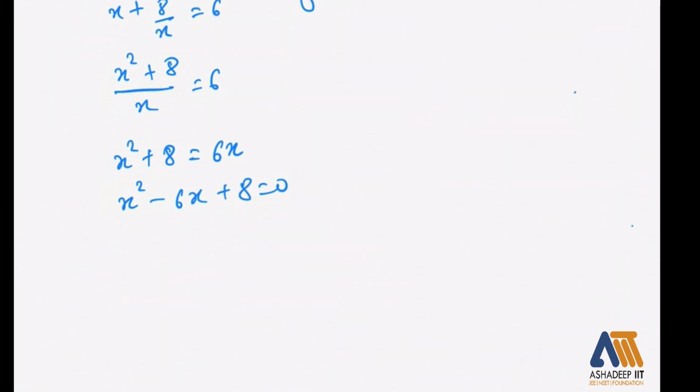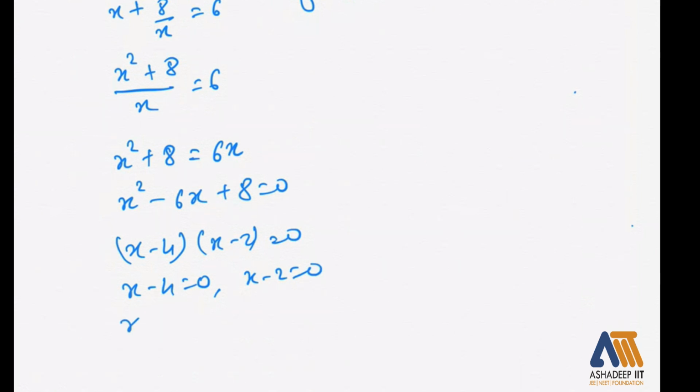If we factorize, 4 times 2 are 8, 4 plus 2 is 6. So (x minus 4)(x minus 2) is equals to 0. Either x minus 4 is 0 or x minus 2 is 0. So either x is equals to 4 or x is equals to 2.